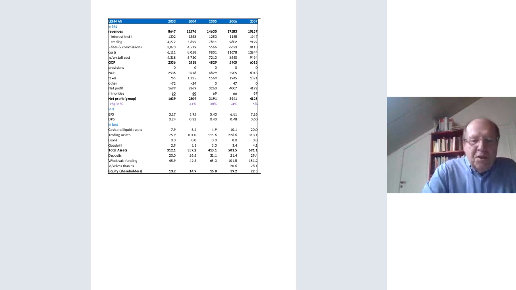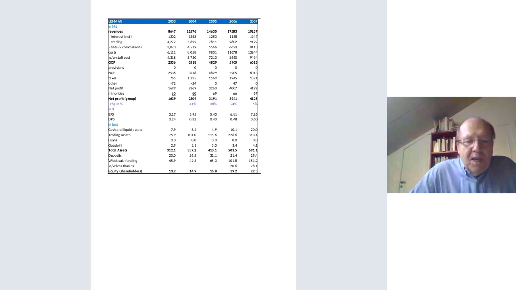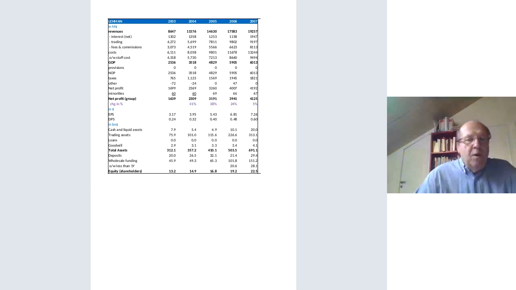Okay. And back to the class. So you have on this table an important topic to discuss. You have the financial result of Lehman Brothers, and Lehman Brothers went bankrupt in September 2008, so ages ago. But here you have the performance between 2003 and 2007.